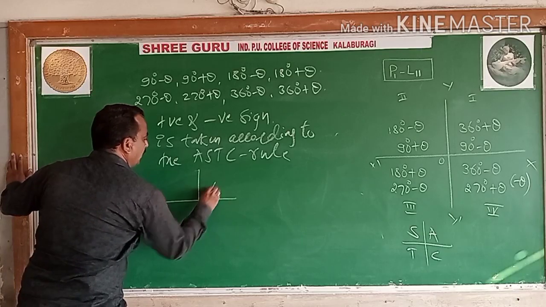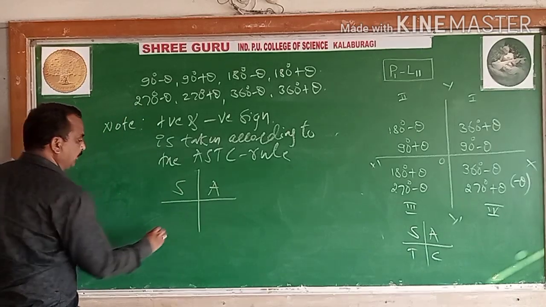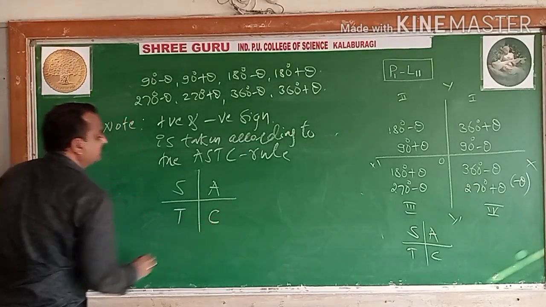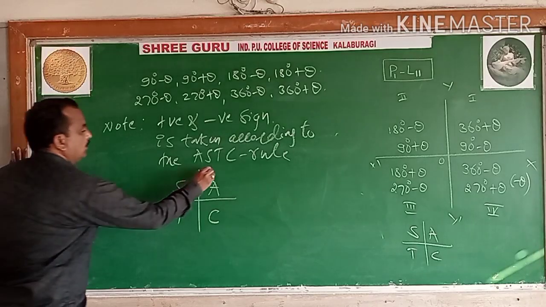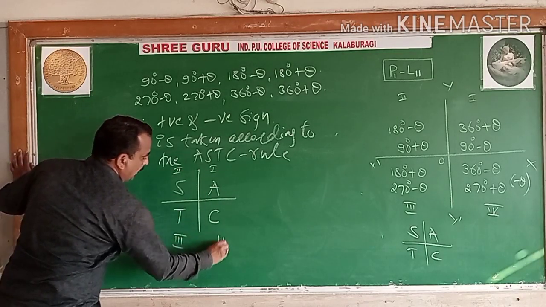That is, all are positive in the first quadrant, only sine and cosec are positive in the second quadrant, tan and cot are positive in the third quadrant, cos and sec are positive in the fourth quadrant. ASTC rule: first quadrant, second quadrant, third quadrant and fourth quadrant.